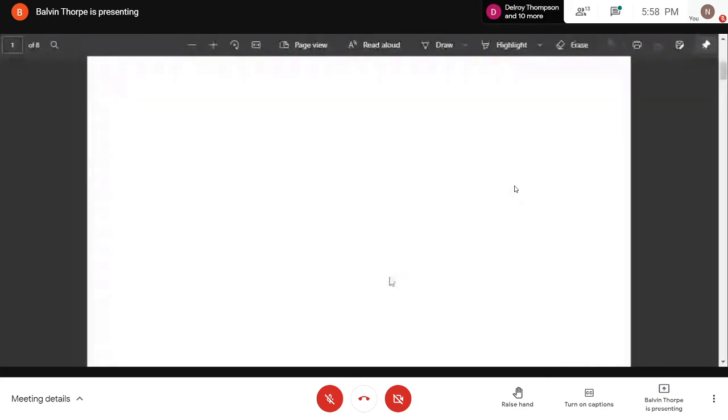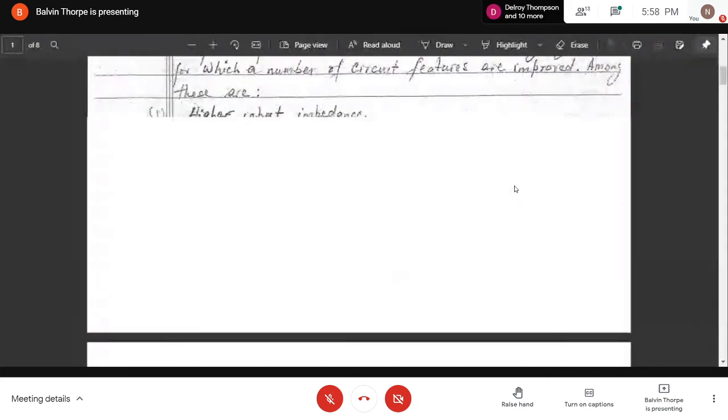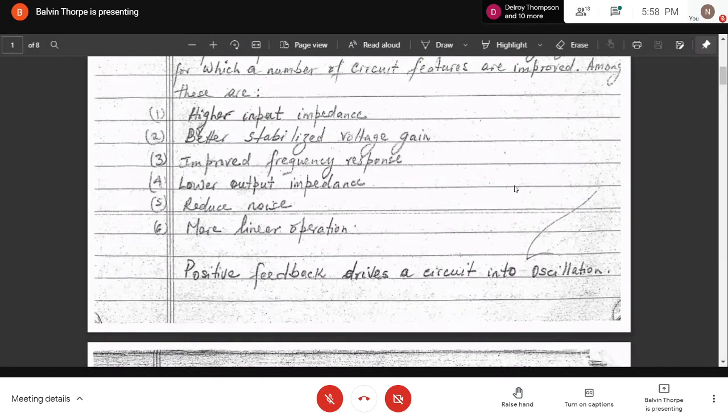Okay, so let's go to that page. Some of the improvements that will be achieved due to negative feedback, and I have a list here. Negative feedback will give you a higher input impedance. Negative feedback will also provide a better stabilized voltage gain.